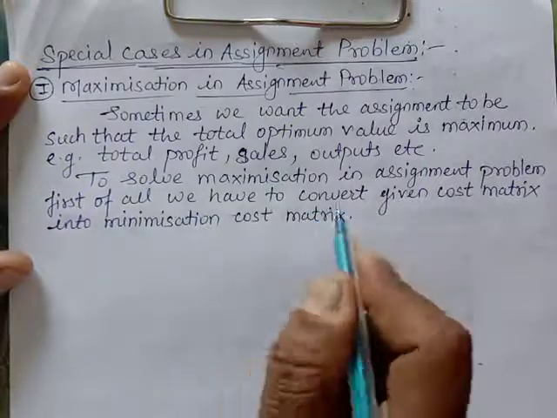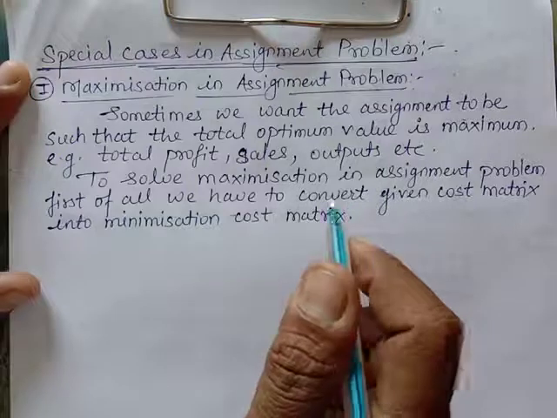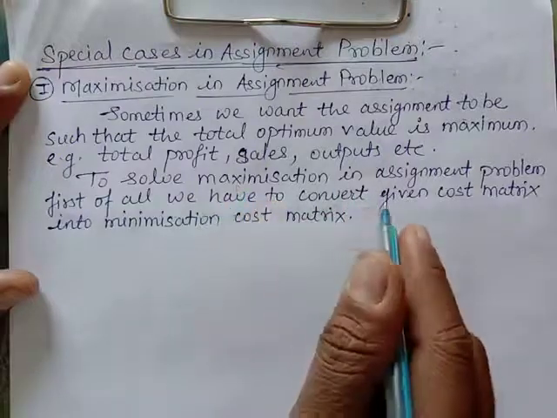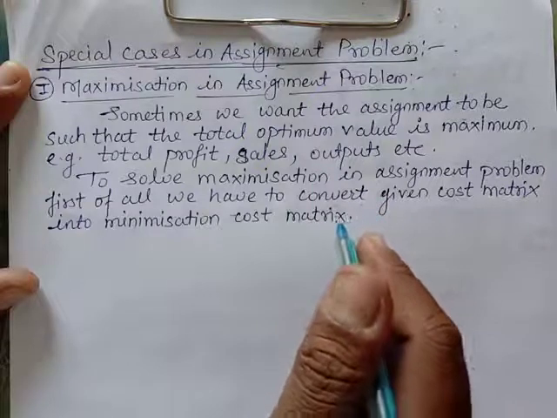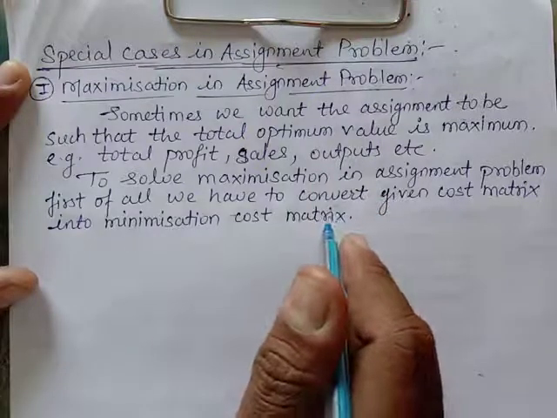Just like the transportation problem, in that one also a maximization type of problem, we will convert the cost matrix into minimization cost matrix by subtracting all elements from the highest element there.